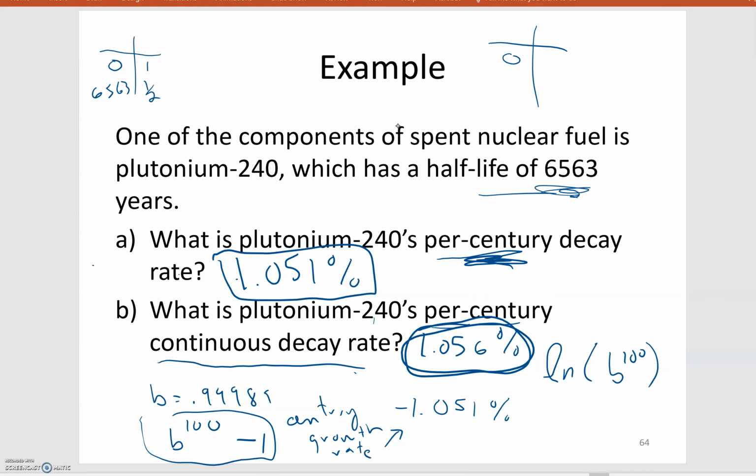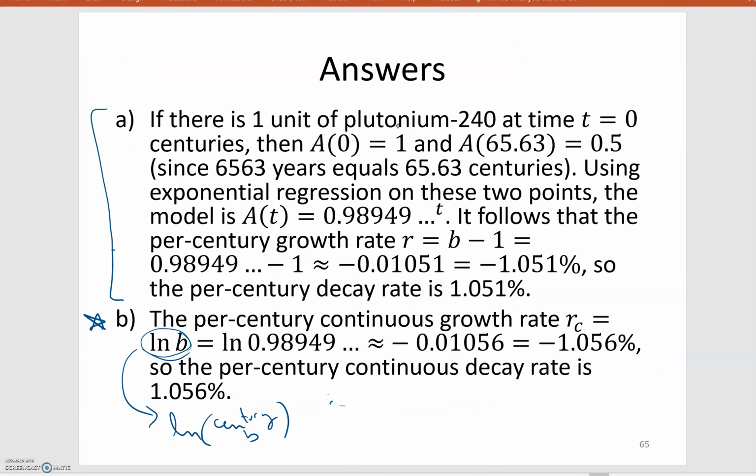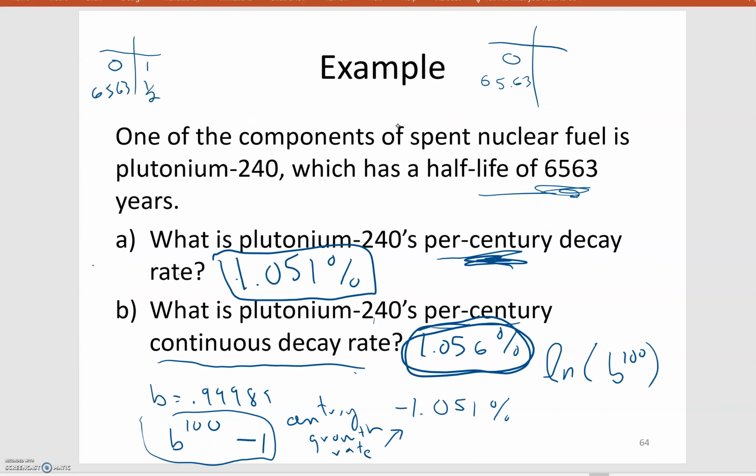So instead of doing 6,000 years, you could do 65.63. Okay, and then that's what's happening here. Then your exponential regression will automatically be in terms of centuries. So in some ways that's easier, actually.